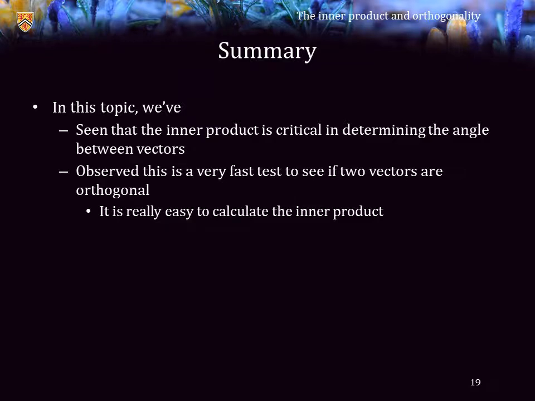Is the inner product equal to 0, yes or no? And it is actually really easy to calculate the inner product from the formula. It's simply the sum of the pairwise products of the entries of the vectors. We will see that this continues to hold for three-dimensional vectors, and this will also hold for other vectors that we look at throughout your first course on linear algebra.